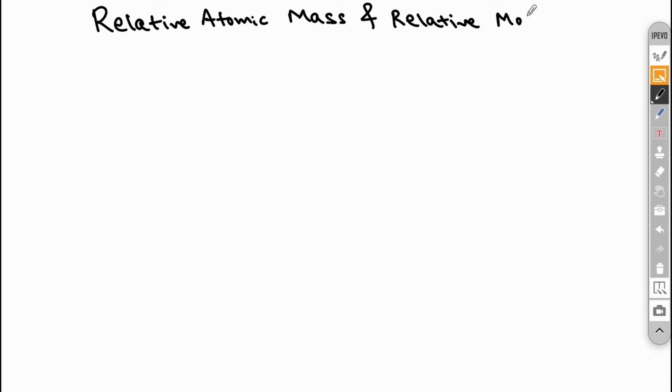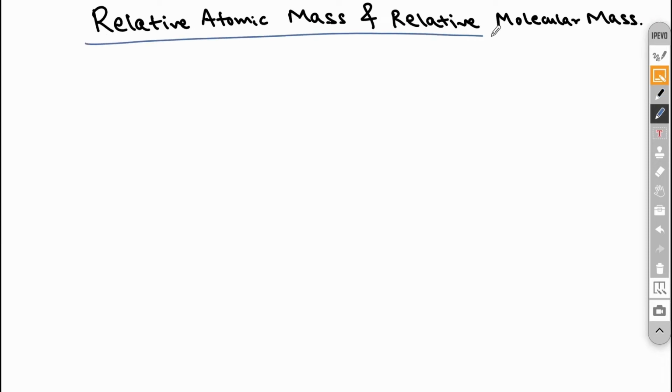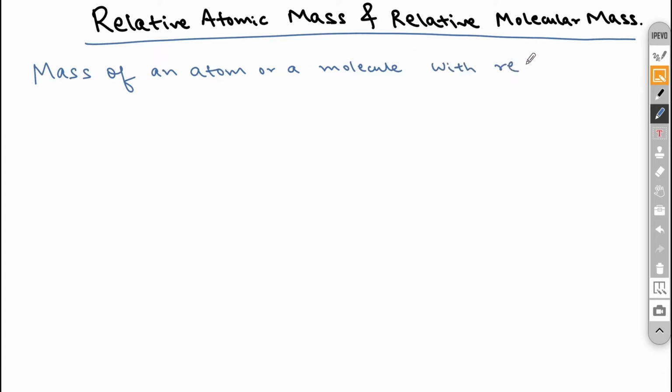Relative atomic mass and relative molecular mass. So we'll discuss the definition first. We'll write that the mass of an atom or a molecule with respect to 1/12 of the mass of a C12 atom.